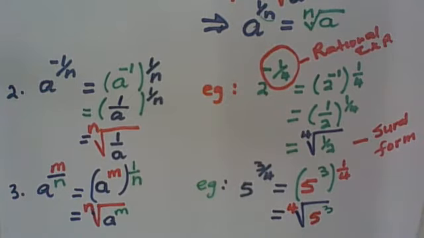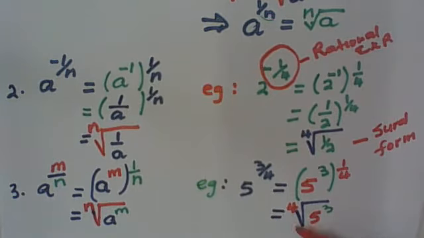So this is how it works. And this will be in surd form, but the number which is under the radical sign is in exponential form. Now, if they say simplify that, completely simplify that, then you need to go beyond.